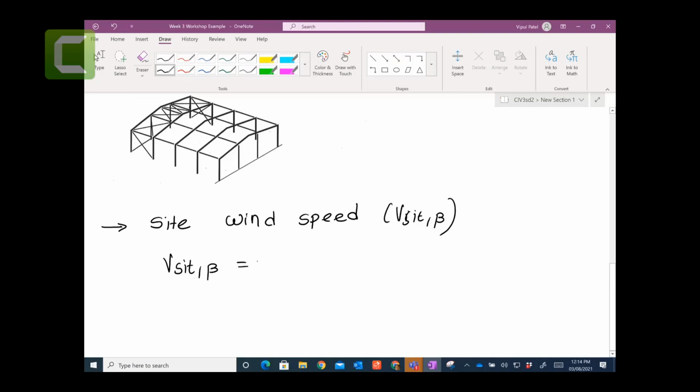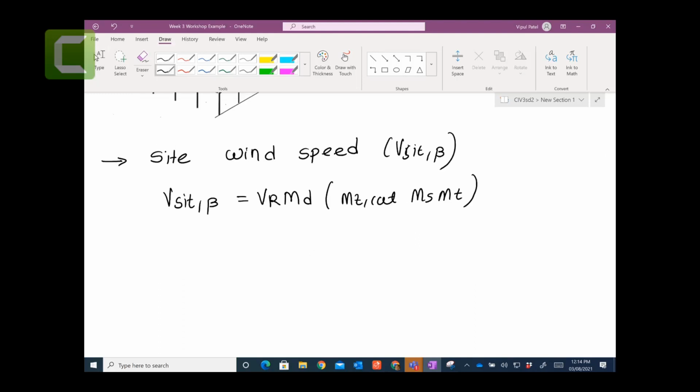So V site beta is equal to V R, M D, M z,cat, M s, and M t, right?